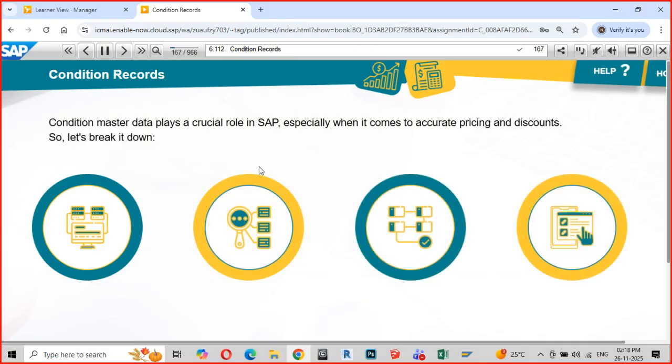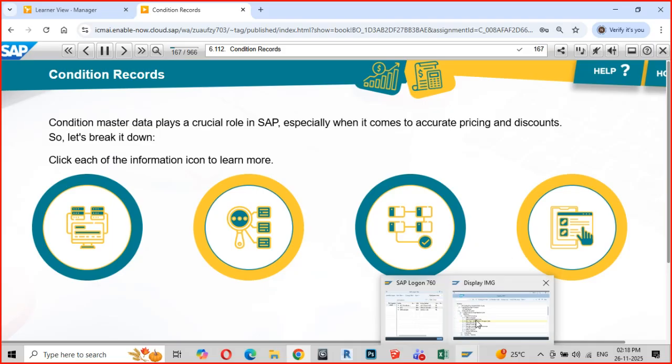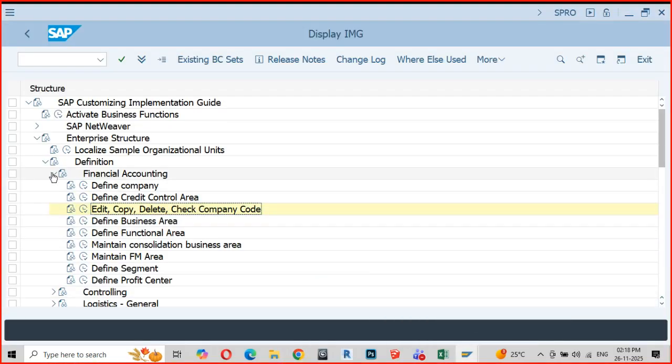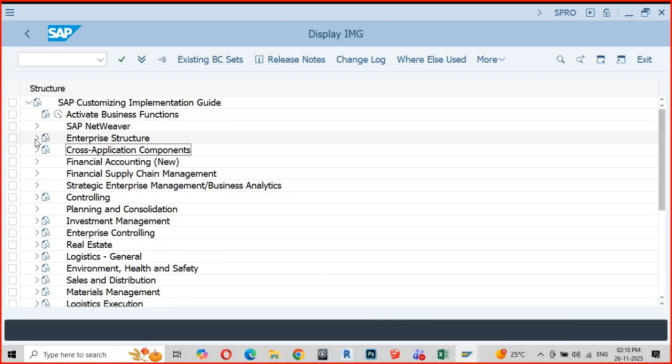Just like we have our bread and butter areas like your chart of accounts, the fiscal year, the field status, similarly this is the bread and butter of your SD. Now, where exactly do you see this?